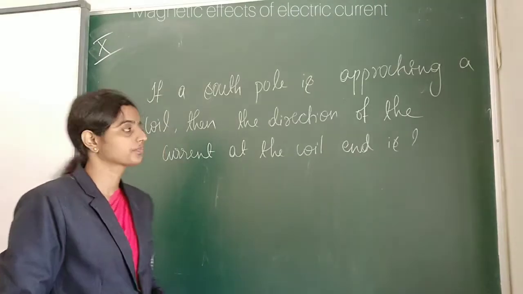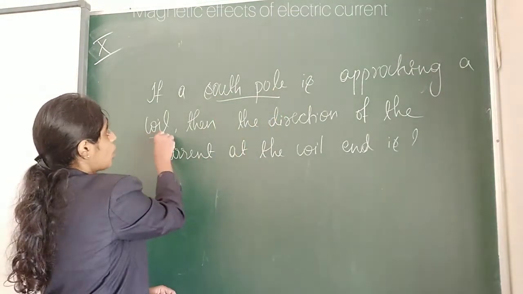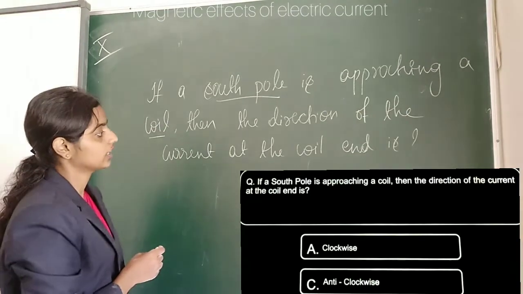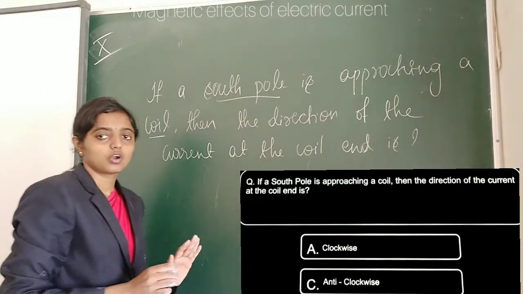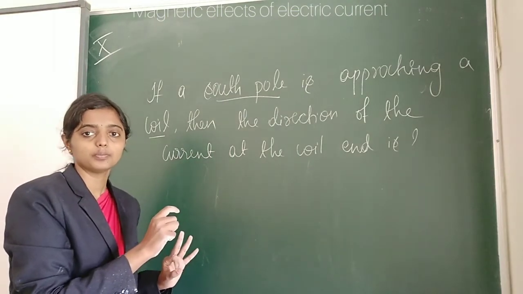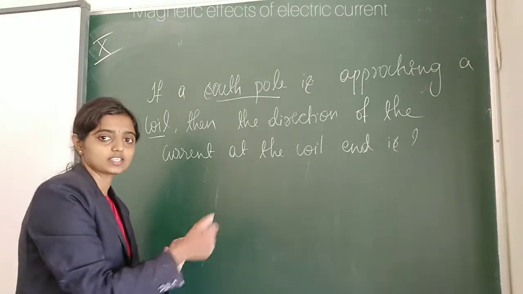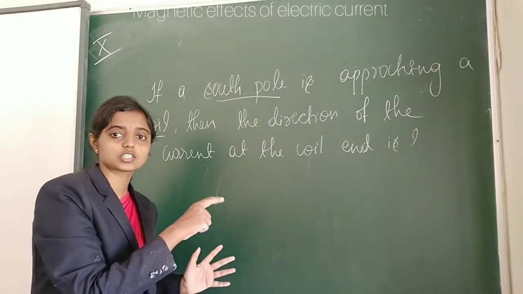For the question, if a south pole is approaching a coil, then what is the direction of the current at the coil end? So this is the question. Now I hope you understand both Lenz's law and the clock rule. Based on that, try to answer this question. Take your time, analyze the concept and try to answer.